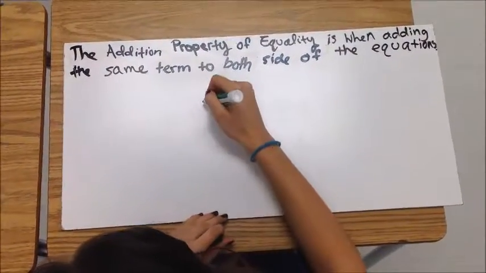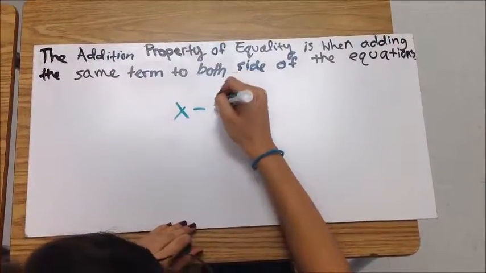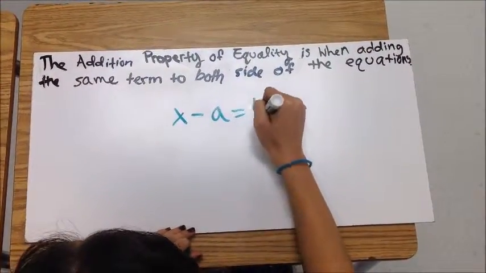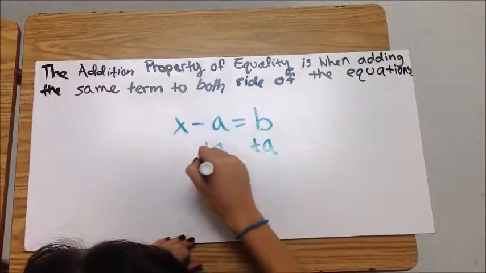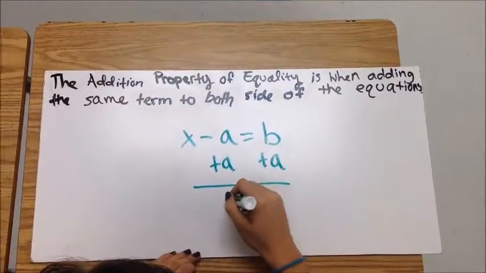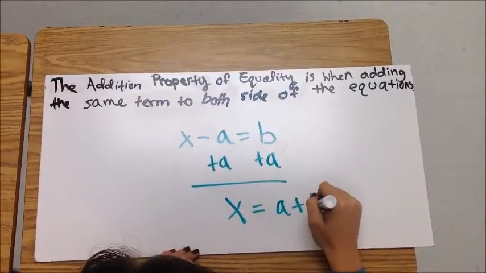So here's an example. X minus a equals b. So you would add a on both sides, and you're trying to solve for x. So x equals a plus b.